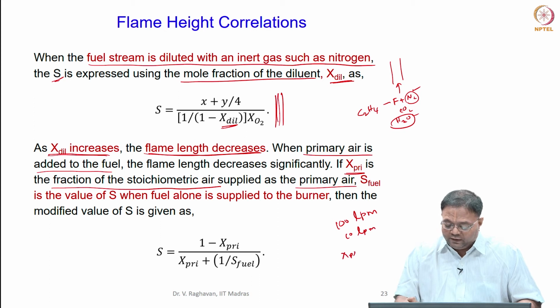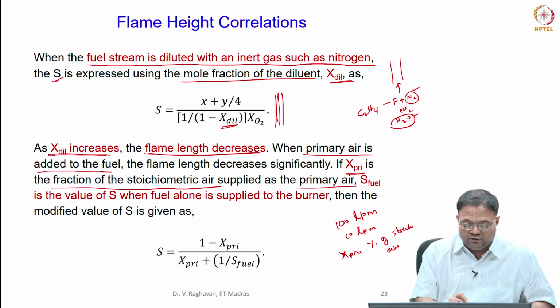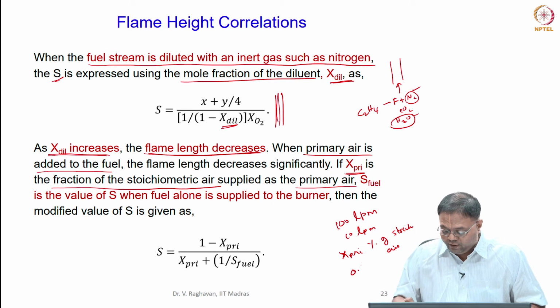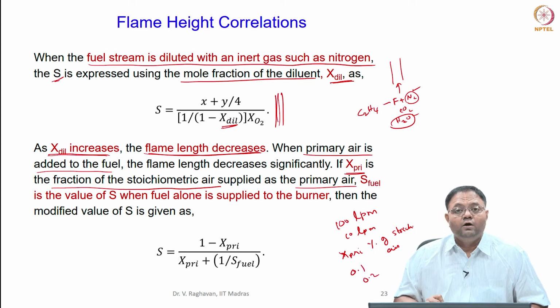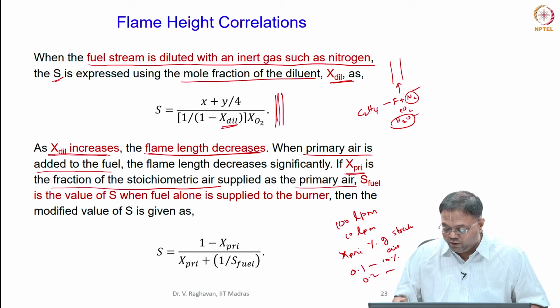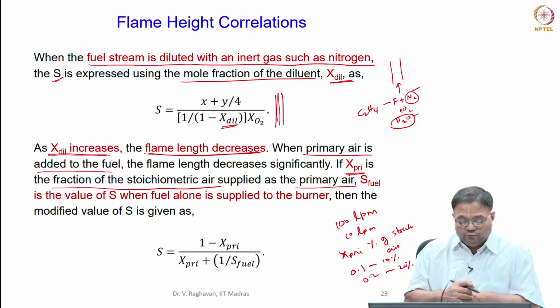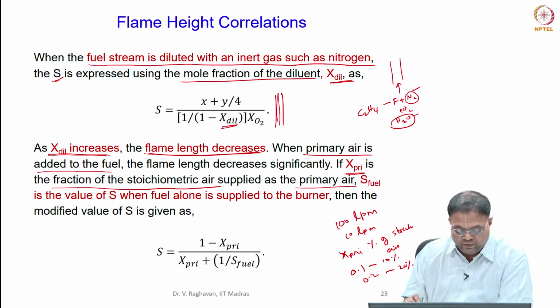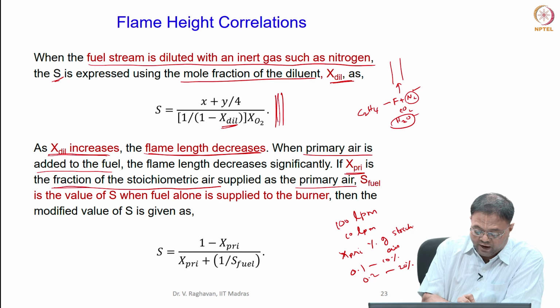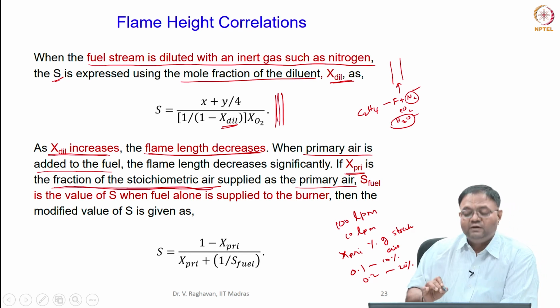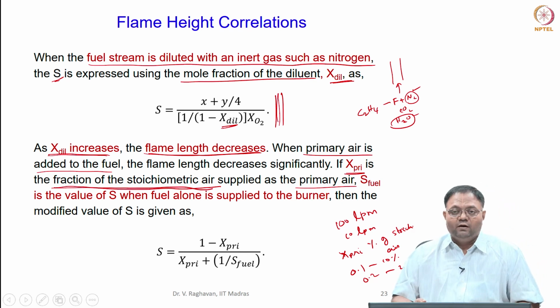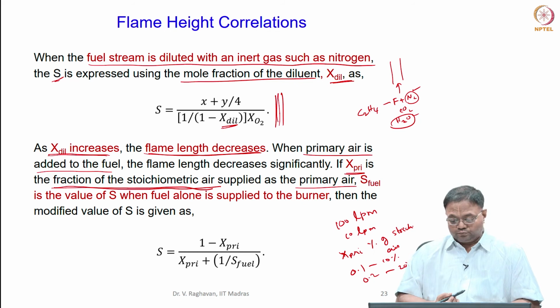So Xp is actually the fraction of stoichiometric air, so it may be 0.1, 0.2 etc. for 10%, 20% and so on. Please understand that Xp is nothing but the fraction of the stoichiometric air supplied as primary air along with the fuel.